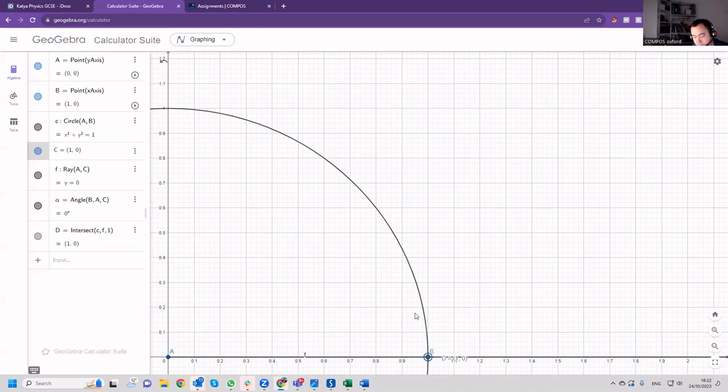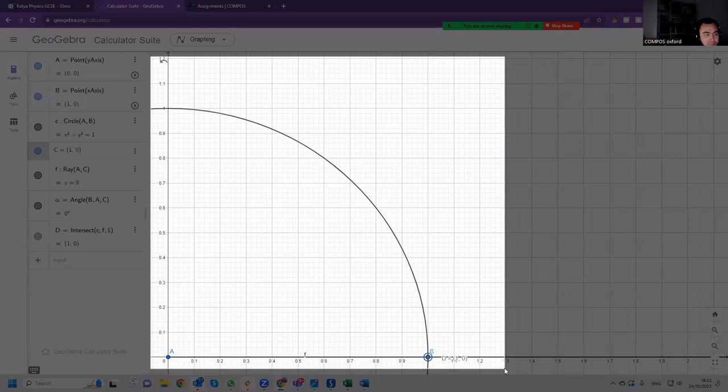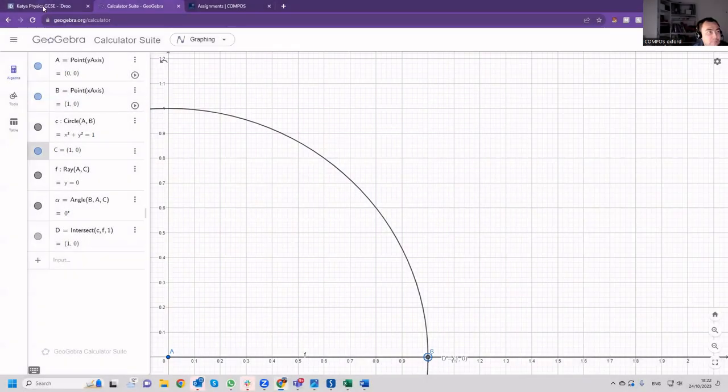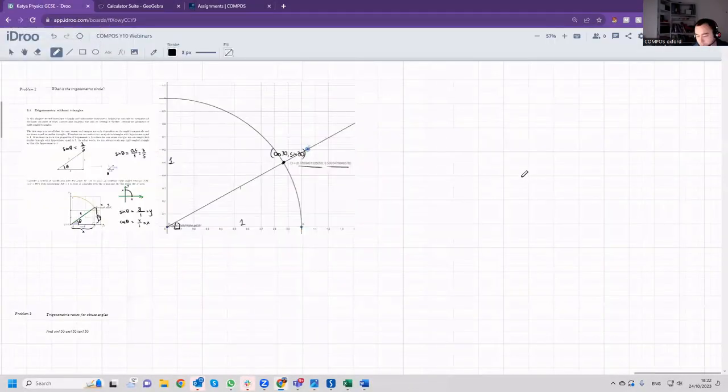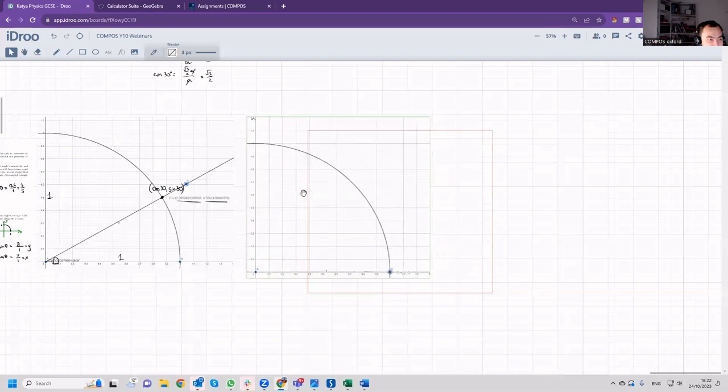Let's make a screenshot. So if you take a quarter circle, and this is a big deal, you really need to understand that.